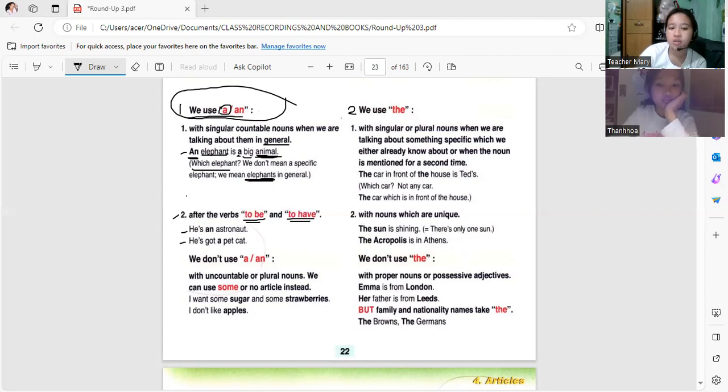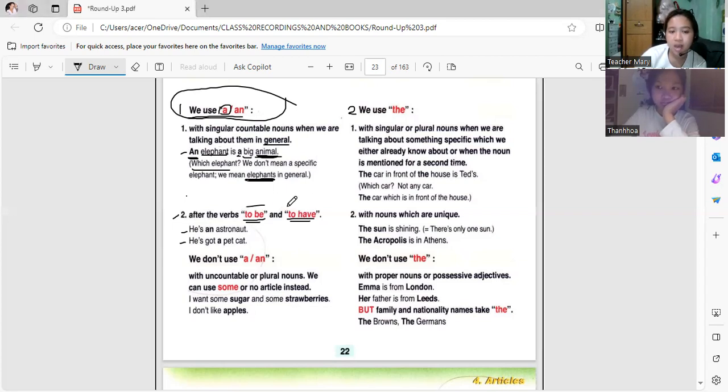She's got a new toy means she already has one, or she'll be having a toy someday. Since these two, to be and to have, are still going to happen.